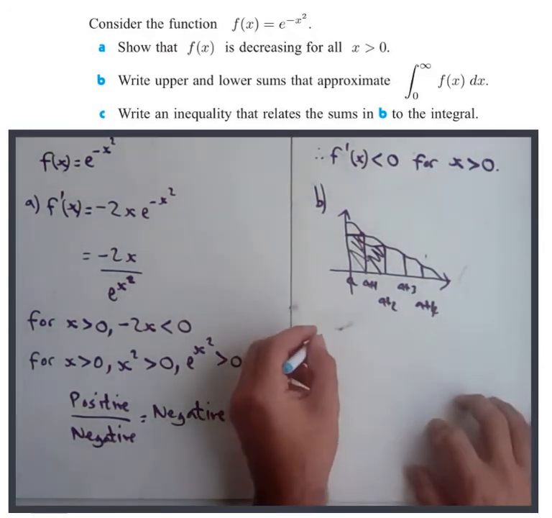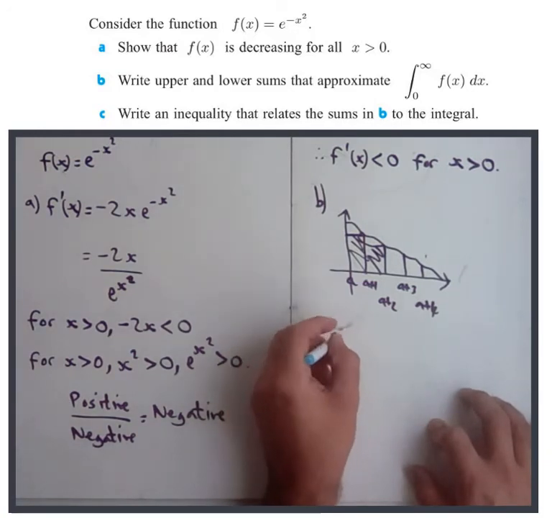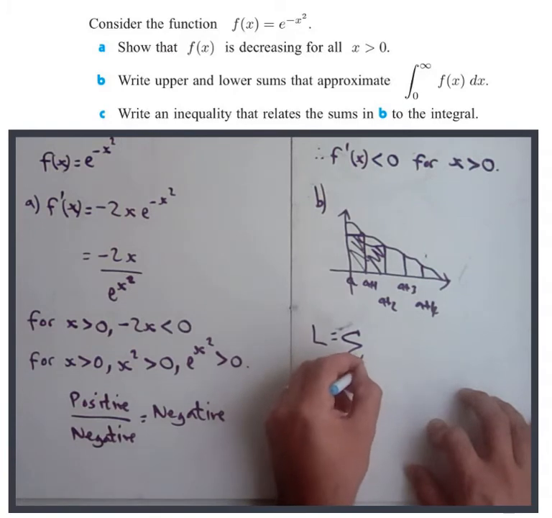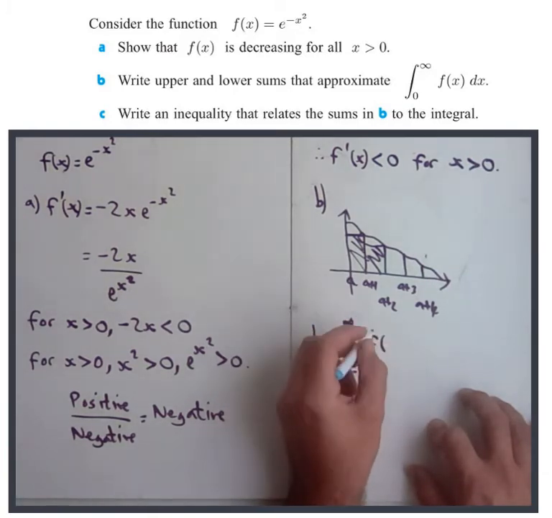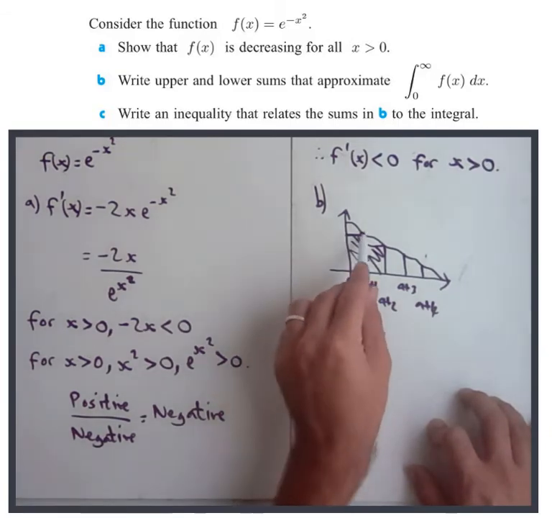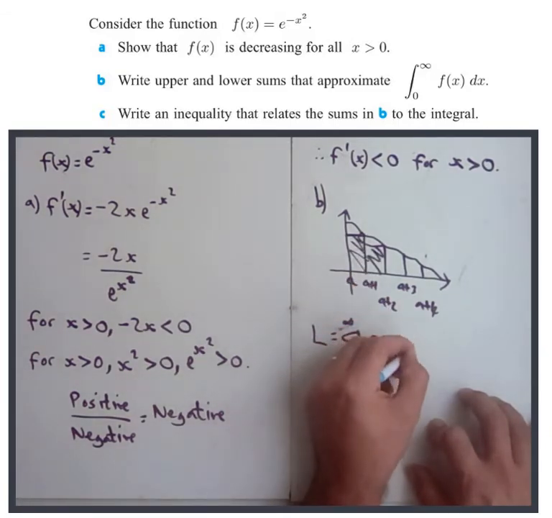So our lower sum is going to be the sum from i equals 0 to infinity of f of i plus 1. So we need to start here, i plus 1.